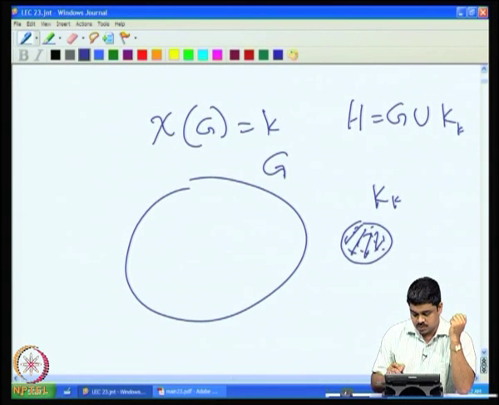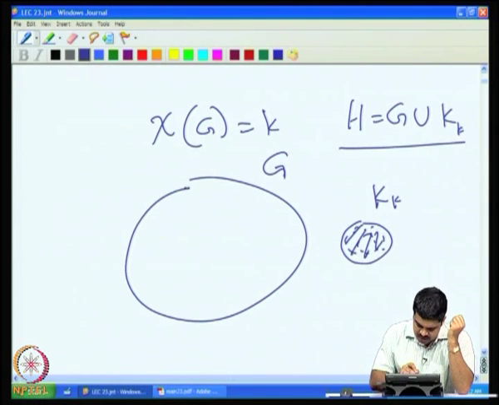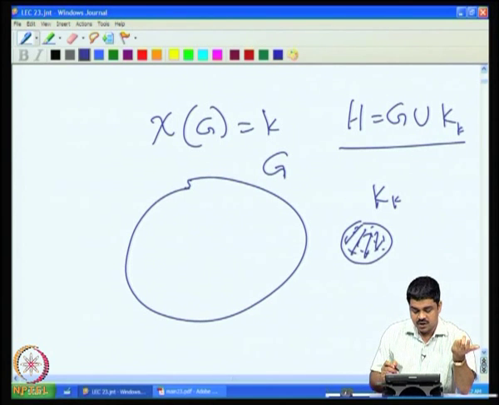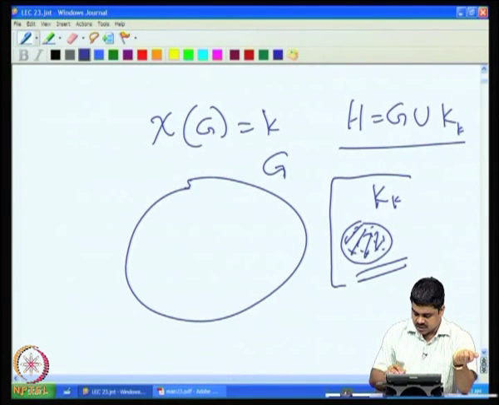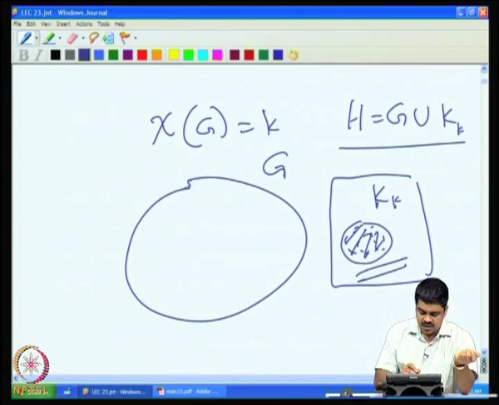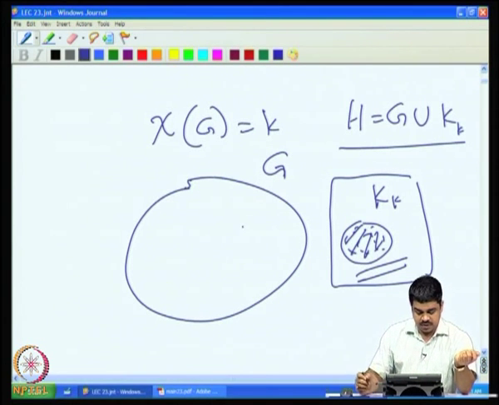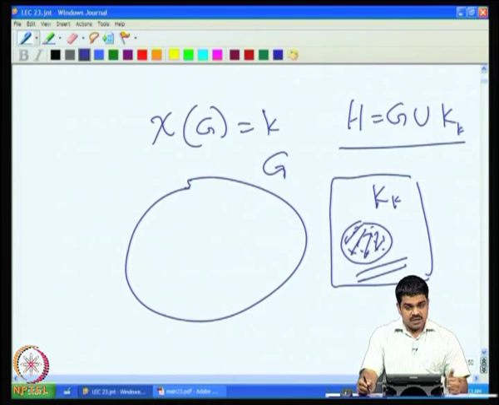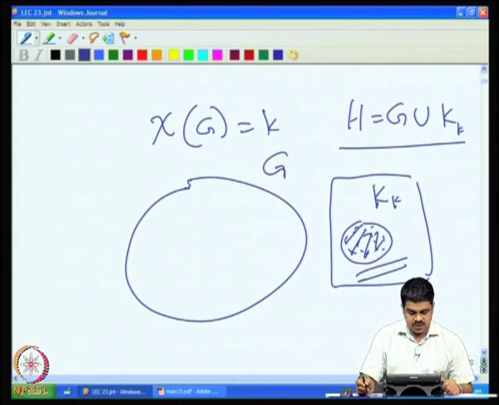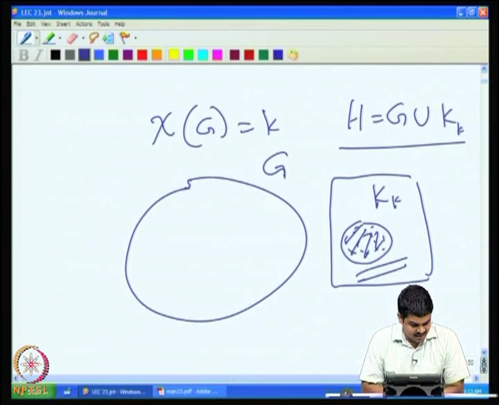So, we can't tell anything about the structure of this H, because G is an arbitrary graph. In fact, it is as good as asking what is the structure of the graph with chromatic number k, because we can't tell much about the structure of G, since it can be any graph with chromatic number k. So, as such this question cannot make sense.